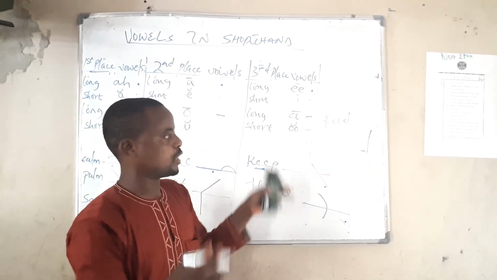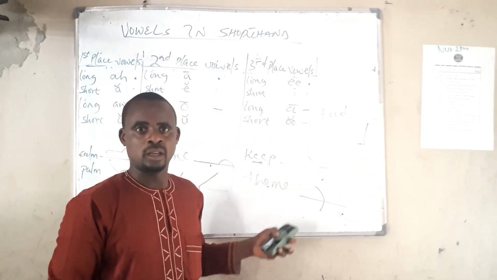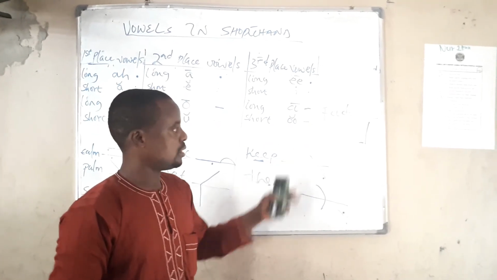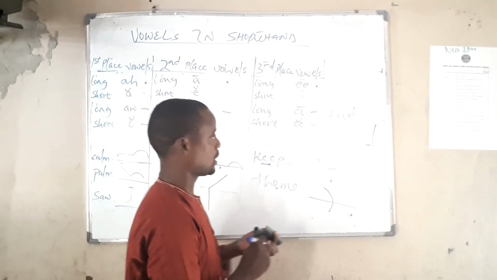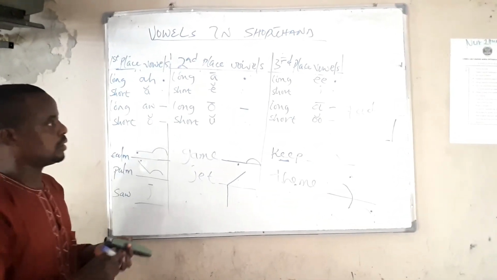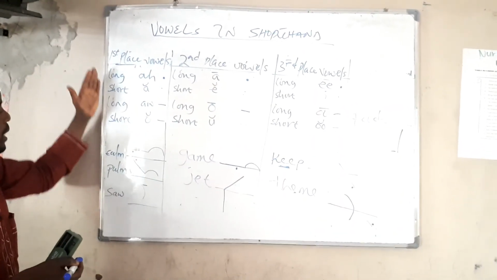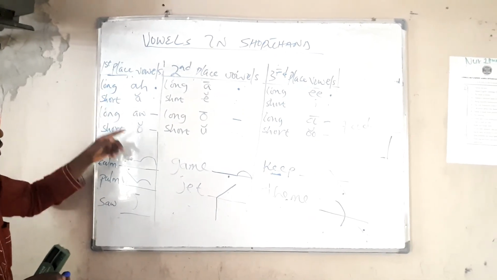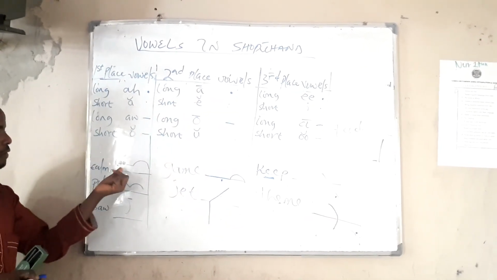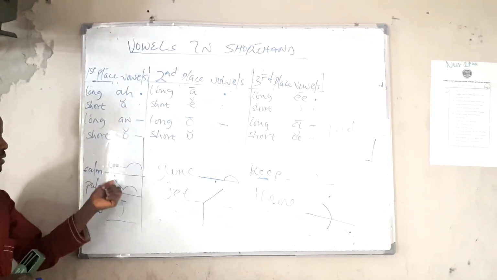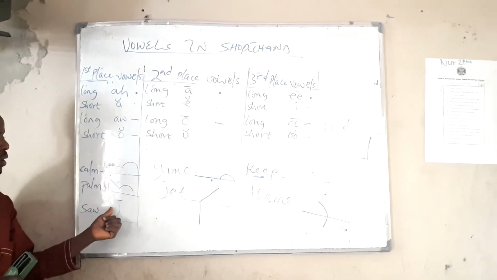So now there are so many examples about the position for sideflex vowels. In summary, you can see in first place vowels we have long I, short A, long O, short R. Then these are the examples: can, pa and saw.